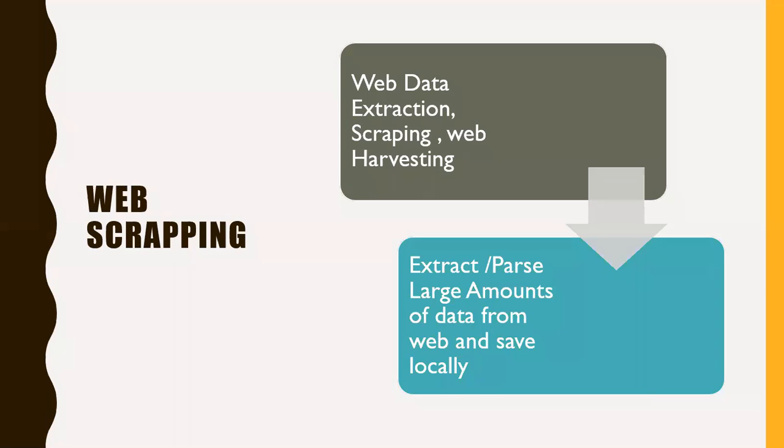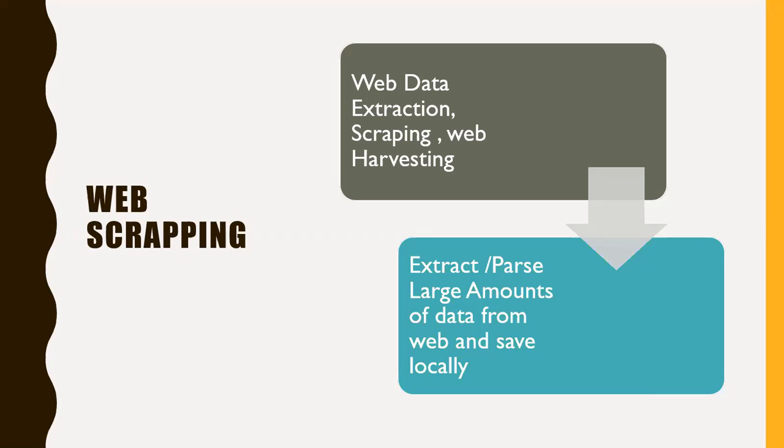So basically what we do in such cases, we pull data from a website, parse it, and according to our need, we dump it into some database or some Excel file, whatever you want.